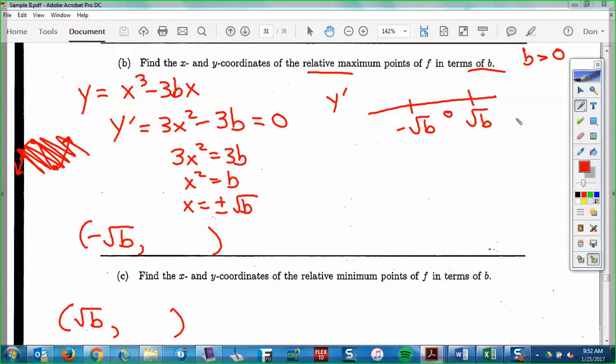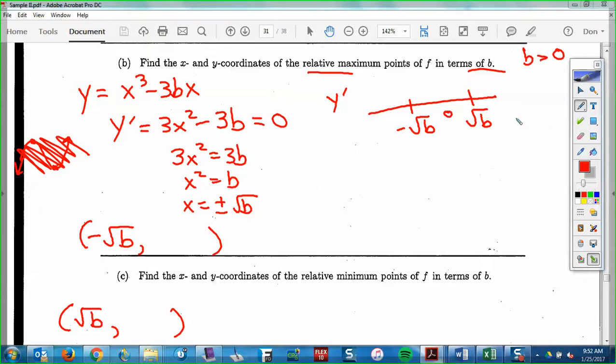Is 1/4 bigger than square root 1/4? What's square root 1/4? 1/2. So b is not necessarily bigger than square root b. I know we think when we do a square root of a number it makes it littler, but it doesn't. Not if it's less than 1, right? All we know is b is positive. We don't know if b is greater than 1 for sure. So you got to be careful on that.